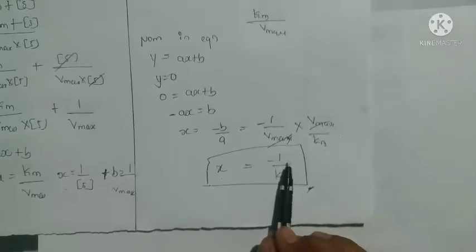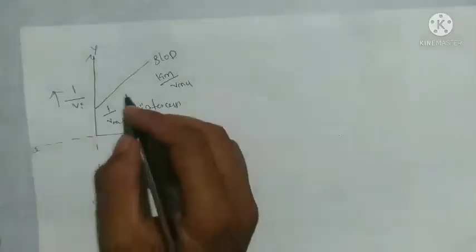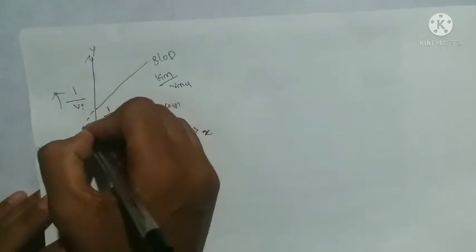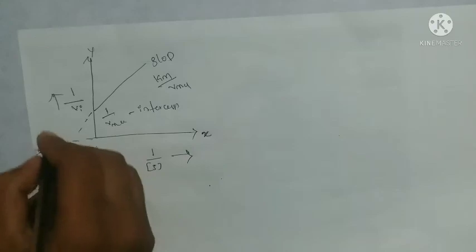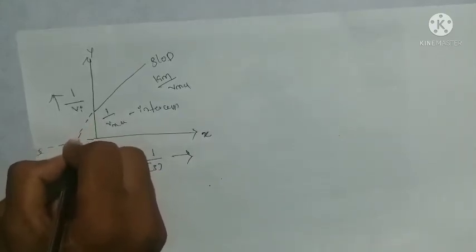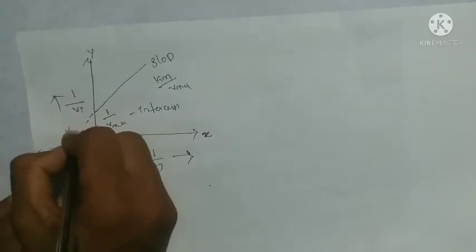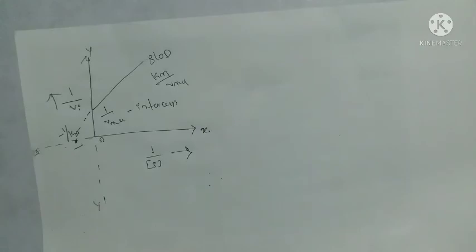Finally, the x-intercept is minus 1 divided by Km, on the x dash axis. At this point, minus 1 by Km, the Km value comes.